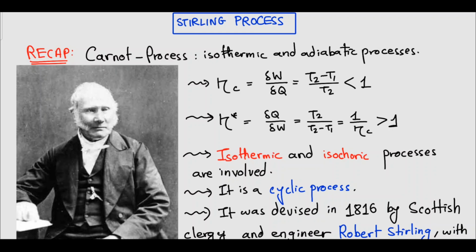And obviously this can also be derived from the values of delta W and delta Q in the respective processes within the Carnot process. And the Carnot process efficiency will always be less than 1, or actually also equal to 1 in ideal cases. So I should also write maybe an equal sign.